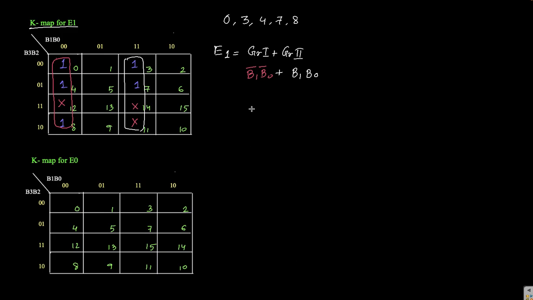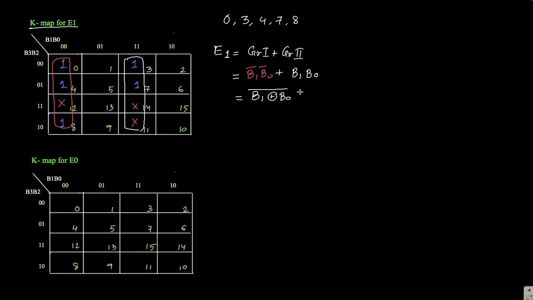Now if we simplify this, it becomes B1 B0 bar plus B1 bar B0. That means one has the bar and the other is without bar, so we can write it as B1 XOR B0 whole bar.